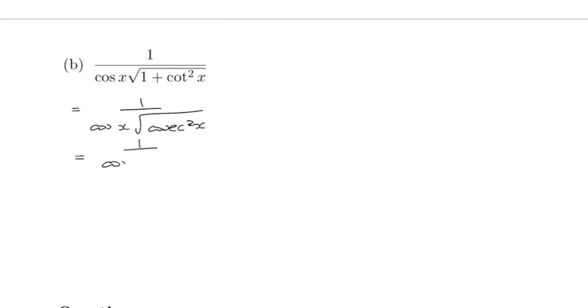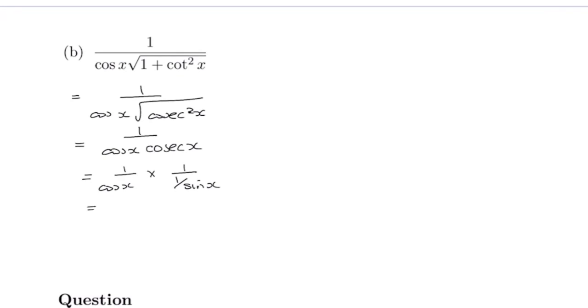So in the denominator now you've got cos x cosec x. Of course that's the same as 1 over cos x times 1 over sin x, because 1 over cosec x is sin x.